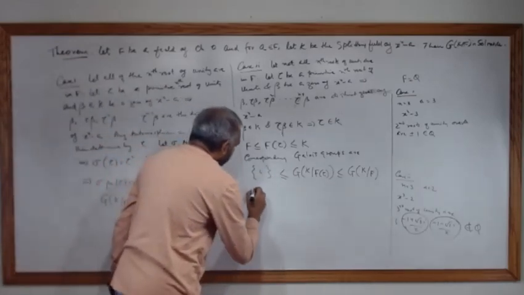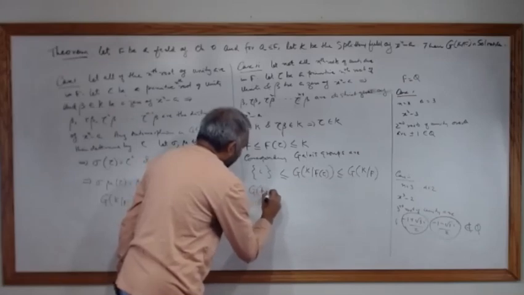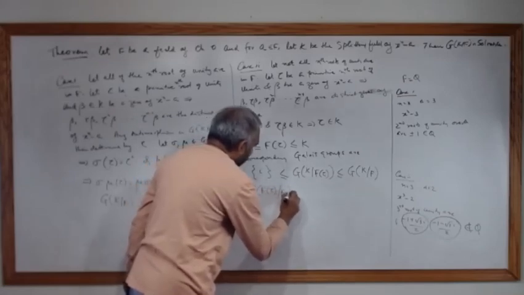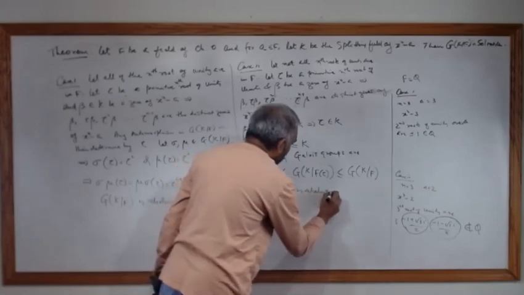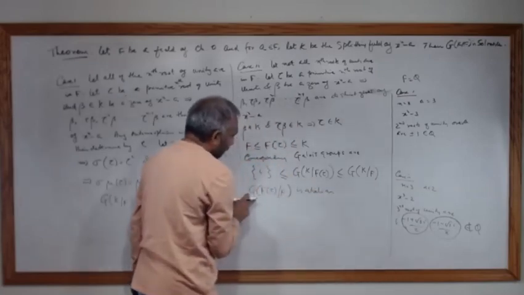Now, G of F of zeta over F is abelian because it is determined by zeta.